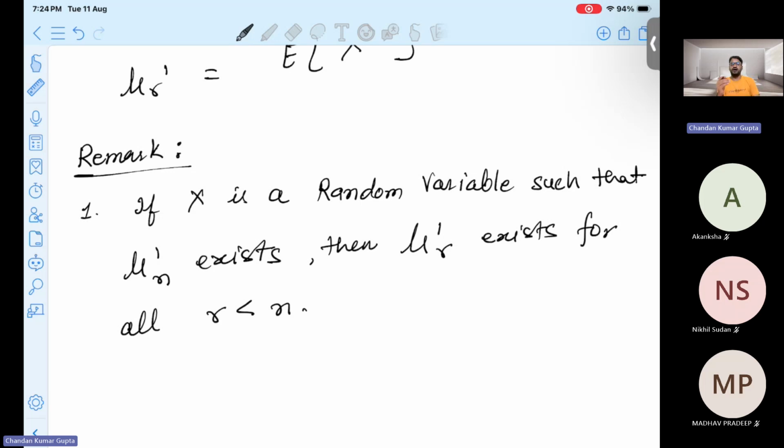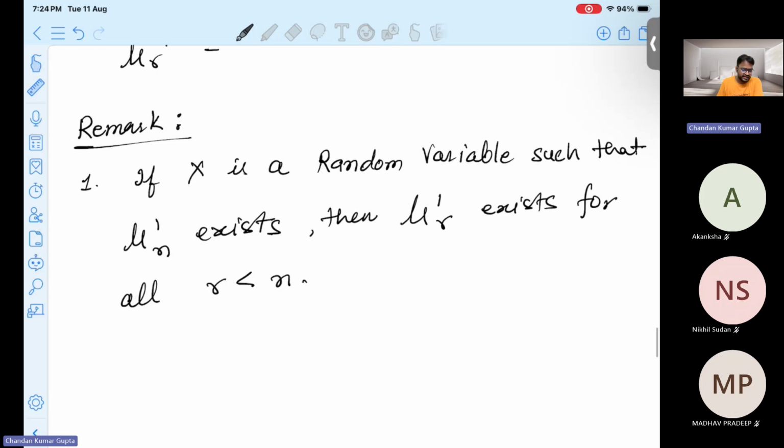That means if a higher order moment exists, then all the lower order moments must exist as well. So this is one remark. And there is one more remark.